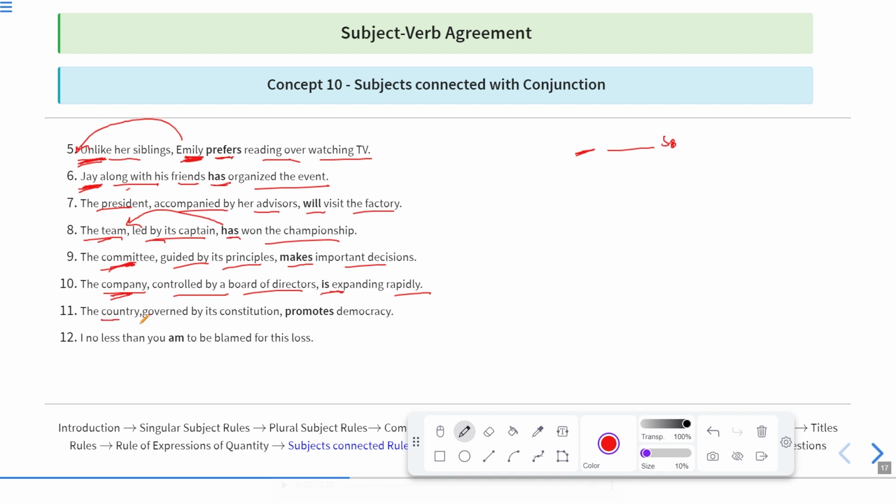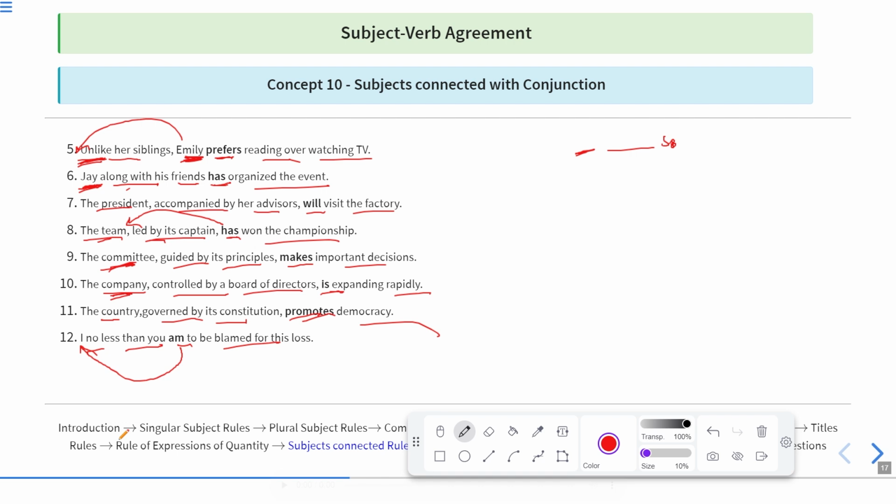The country, governed by its constitution, promotes democracy. I, no less than you, am to be blamed for this loss. Now, am is used according to I, because with I we can use am, not are or is. So according to this rule, the verb should agree with the first subject, or the subject which is not after the conjunction phrase.